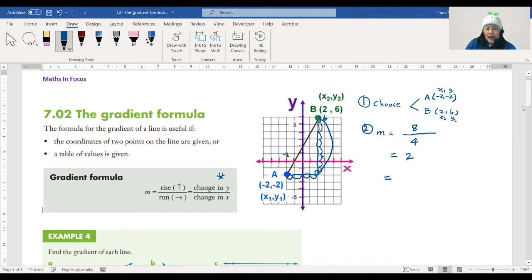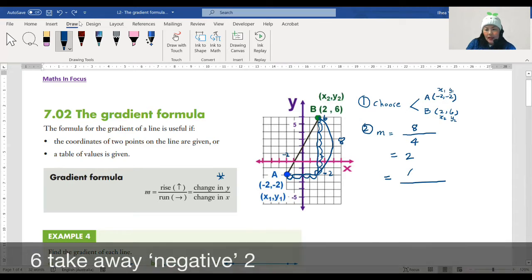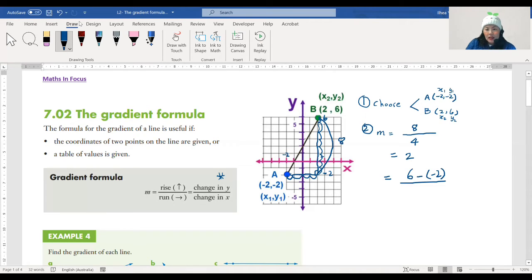How do I get 8 for my rise? From -2 all the way to 6 is 8. Why? Because we did 6 take away -2. We actually take away the last y value.